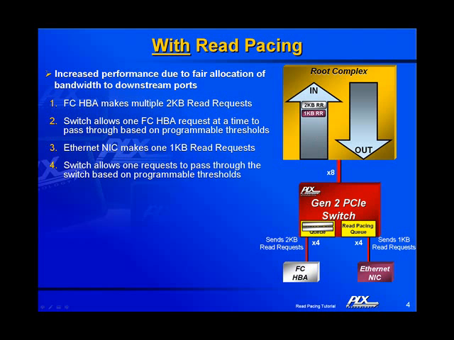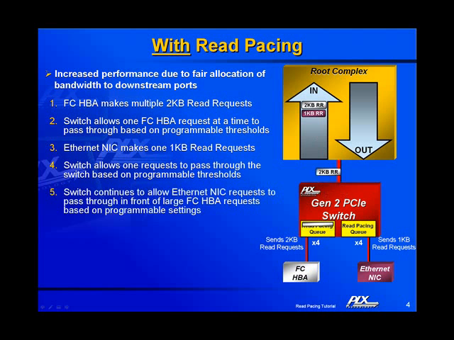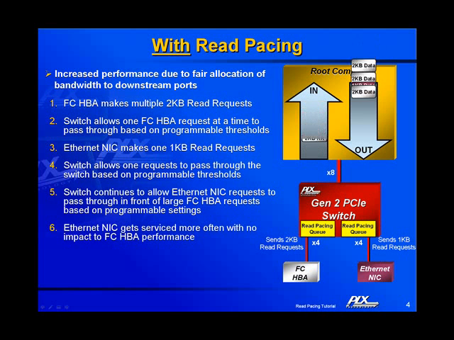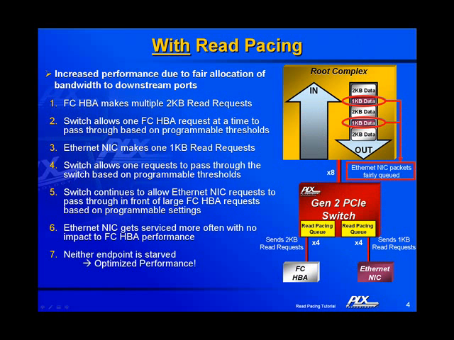The switch then allows the Ethernet NIC's read requests to pass through in front of the large fiber channel HBA requests based on programmable settings. As a result, the Ethernet NIC gets serviced more often with no impact to the fiber channel HBA performance. Neither endpoint is starved and performance is optimized.